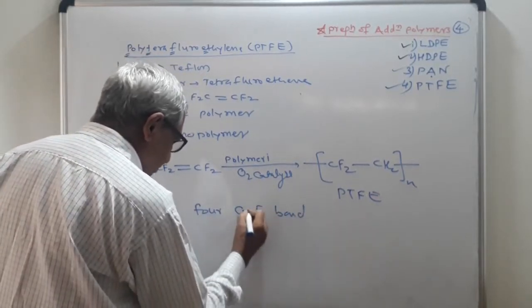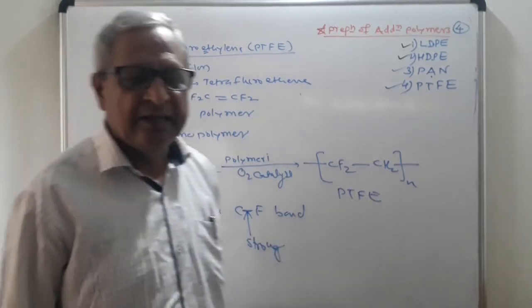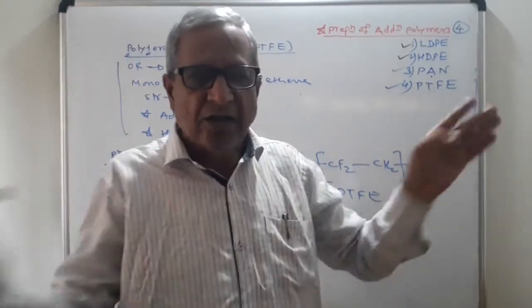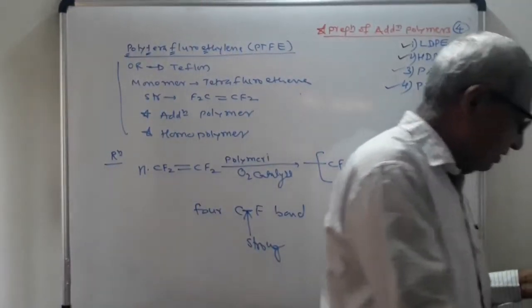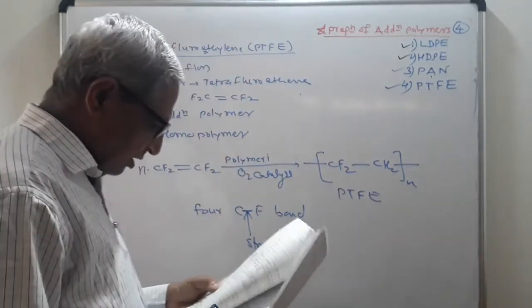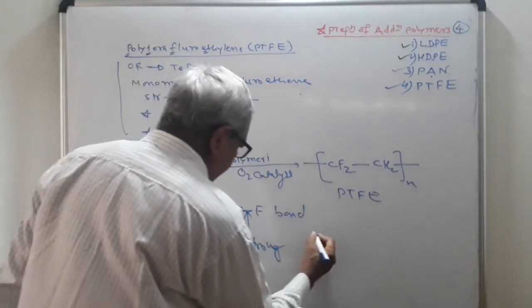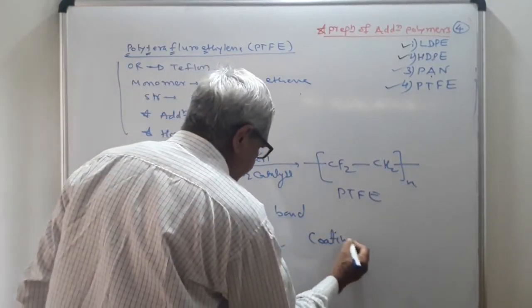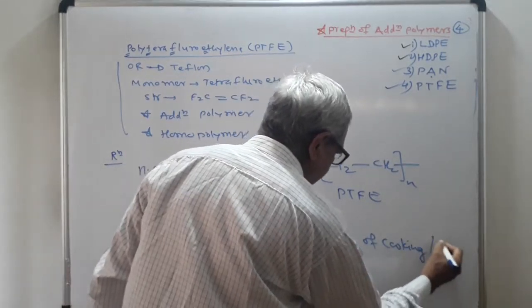These bonds are very strong because fluorine is highly electronegative. Therefore, they cannot be broken. Therefore, these are very hard, and chemically inert, and therefore used for the coating of cooking pans or fry pans.